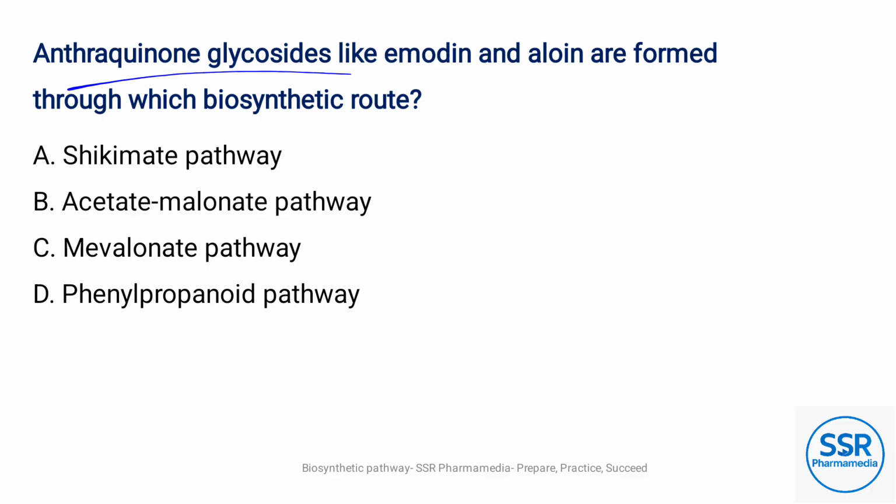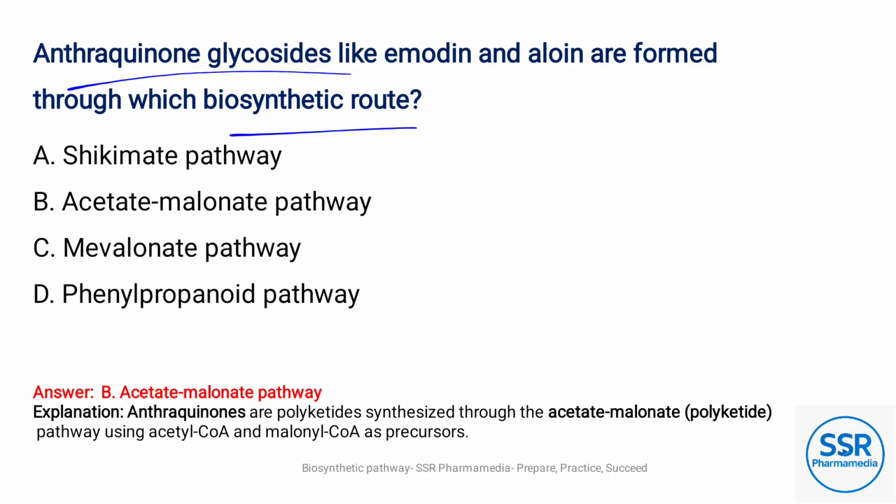Anthraquinone glycosides like emodin and aloin are formed through which biosynthetic route? So option B, acetate malonate pathway. Anthraquinones are polyketides synthesized through the acetate malonate pathway using acetyl-CoA and malonyl-CoA as precursors.